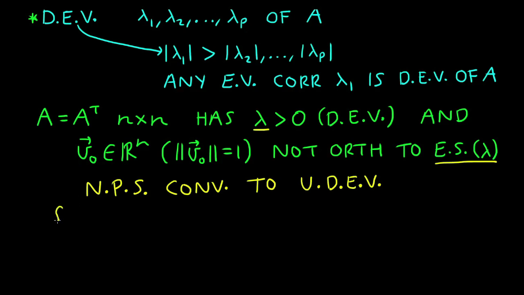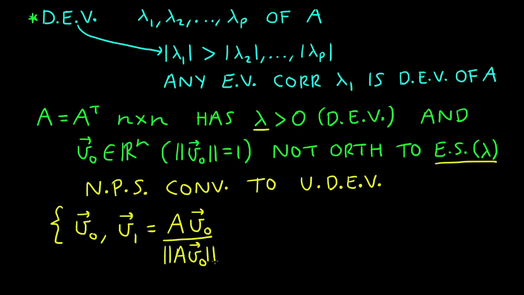So this power sequence is a sequence of vectors starting with v0, and the next vector in the sequence is equal to the product of the matrix A multiplied by the previous vector, and this resulting vector is normalized to get another unit vector. So basically we're getting an approximation to a unit dominant eigenvector in the eigenspace corresponding to the dominant eigenvalue based on the previous approximation.